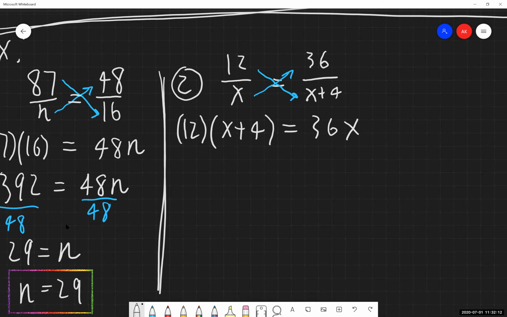Now the reason I emphasize that you guys write this out, especially like what we have here on the left-hand side, is from here, we need to use the distributive property to put 12 through to both values inside here. What a lot of people do, this is where errors show up, is they say, oh, I have 12 times x minus 4. Okay, so I multiply those together and I'm going to get 12x plus 4.